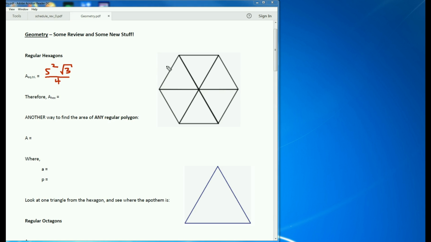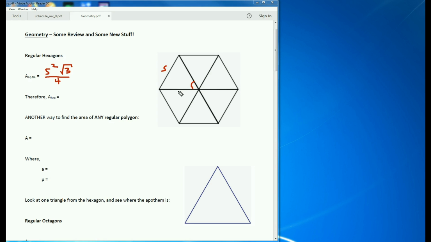So for example, here's the side. And because these are all equilateral, and we know that because a hexagon is divided into 6 triangles, you've got 360 degrees divided by 6. So each of these is 60 degrees.